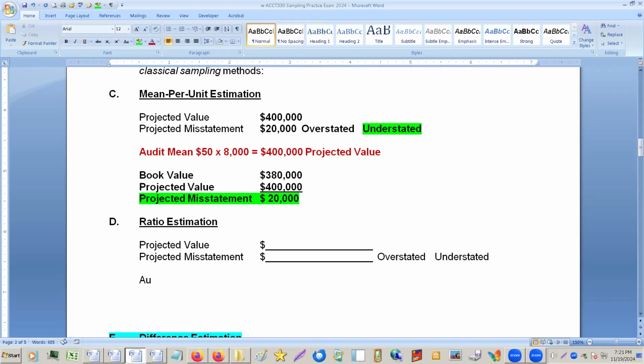So this is the audit average, or audit mean, and we will divide that by the book average, times the book value. So times the 380,000.